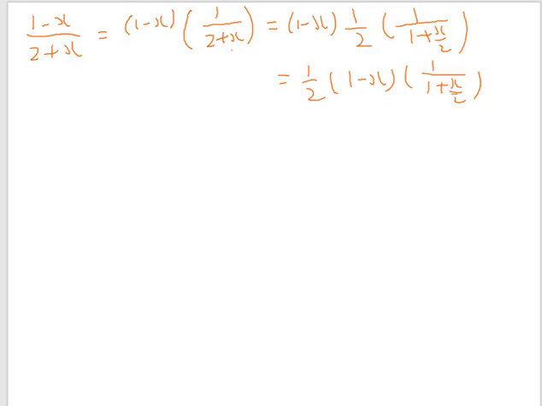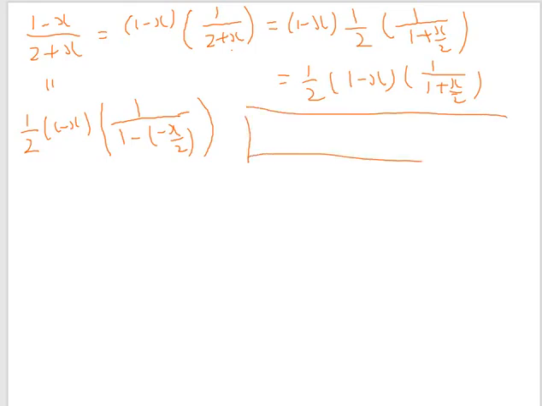Okay, so that means you should write it as half times 1 minus x, and this one you have to be careful, you have to write it as 1 over 1 minus minus x over 2. Right, remember it must be a 1 in order to use the formula. It must be 1 over 1 minus something box, then it's 1 plus box plus box squared plus box cubed, and so on.